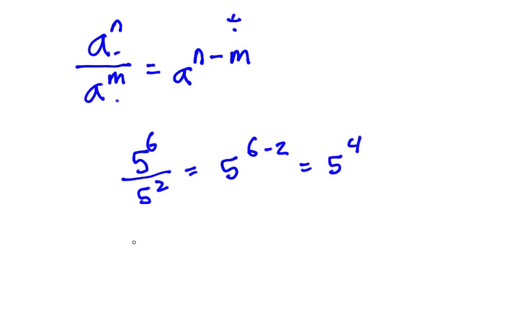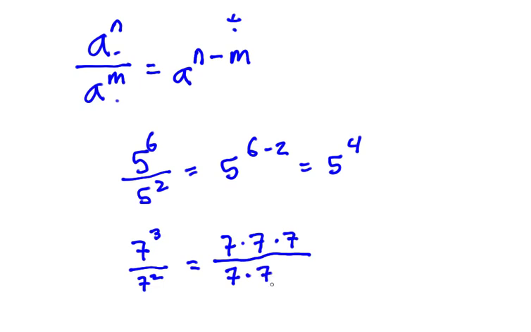If I have 7 to the power of 3 over 7 to the power of 2, I could write this out the long way, by putting 3 7s on the top, because 7 to the power of 3 means 3 7s multiplied together. And on the bottom, 7 to the power of 2 means 2 7s multiplied together.